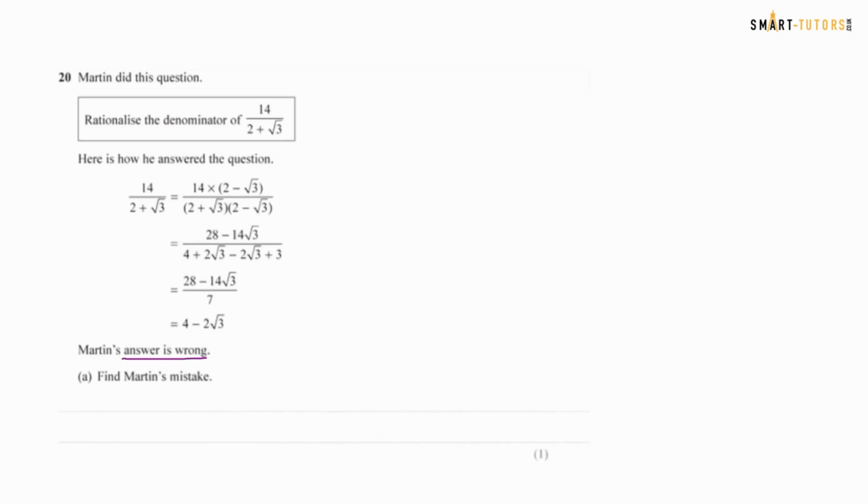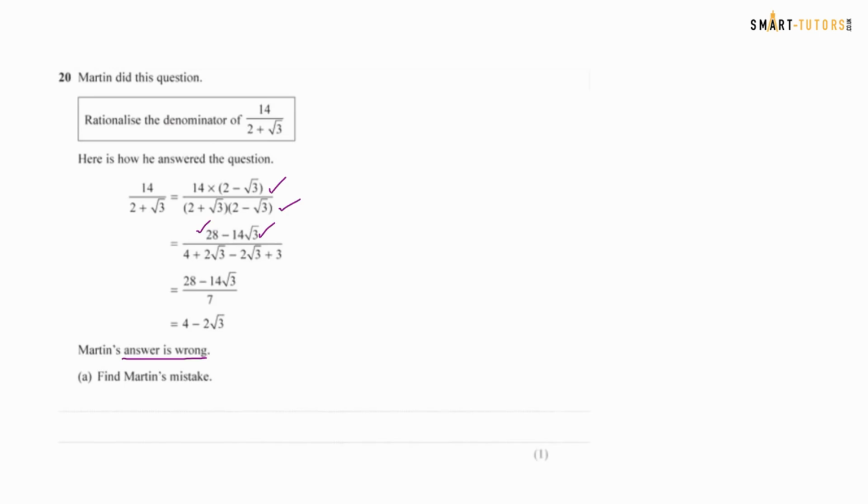So you can't spend too much time. Quickly go through each and every step and see whether he has done the correct steps. So rationalizing the denominator 2 plus root 3, the opposite one is 2 minus root 3. So that is correct. When we multiply, 14 times 2 is 28, that is correct. 14 times root 3 is 14 root 3 minus, that is also correct.